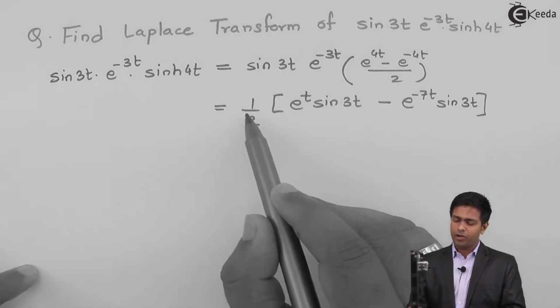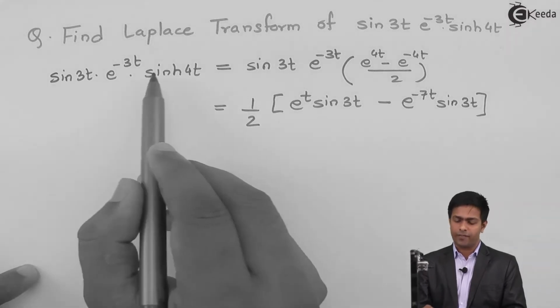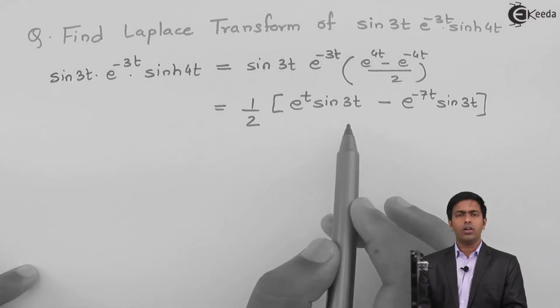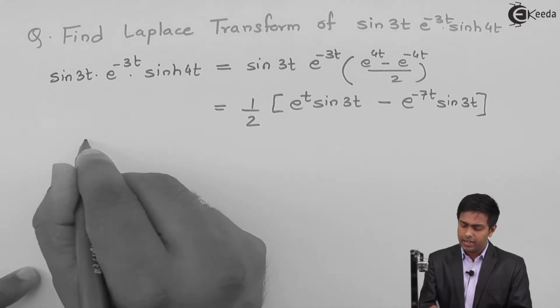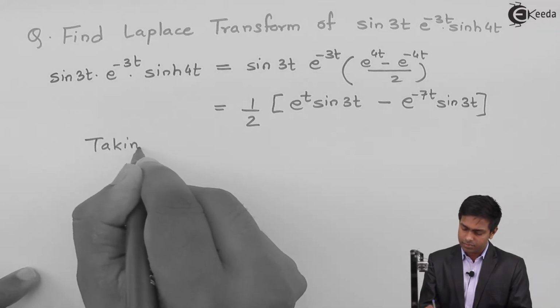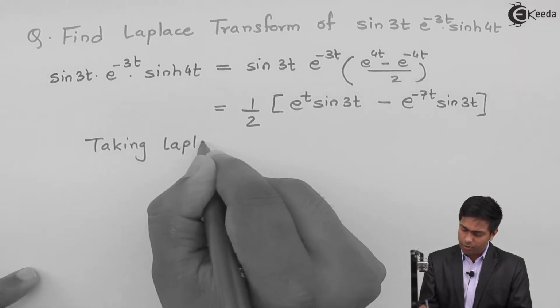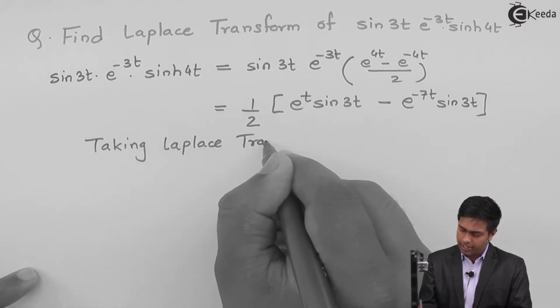Now to get the Laplace transform of the left hand side, we'll take Laplace transform on the right hand side as well. So here I'll say taking Laplace transform on both sides.